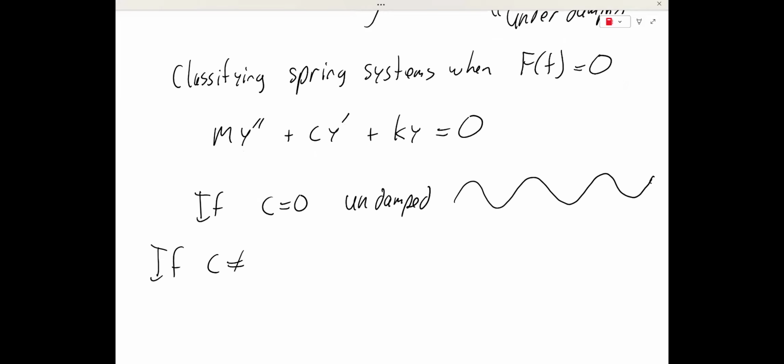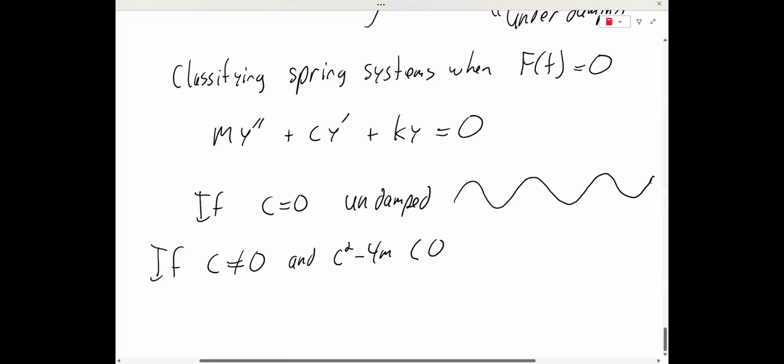If c is not equal to 0, and c squared minus 4mk is less than 0, it's called underdamped. Basically, it's like the quadratic formula.